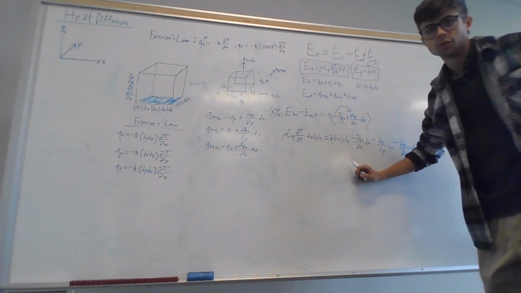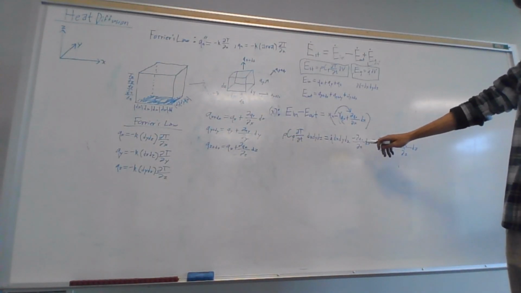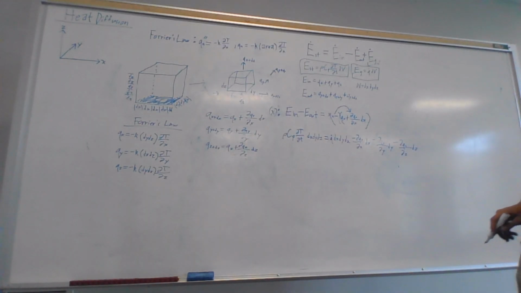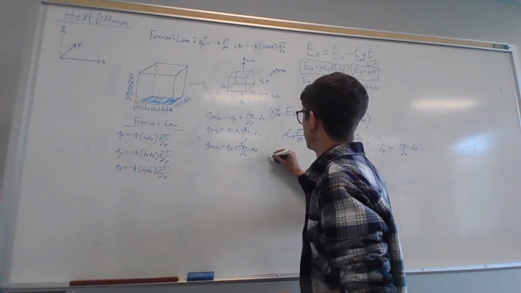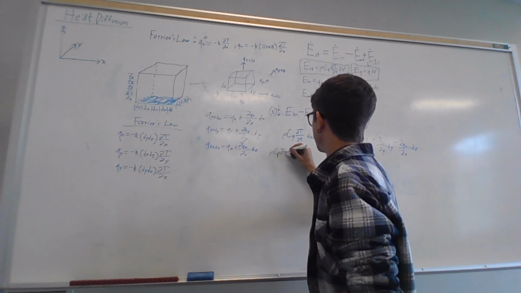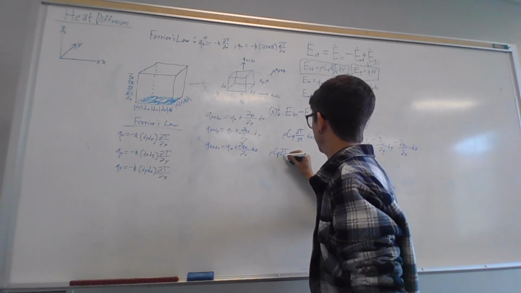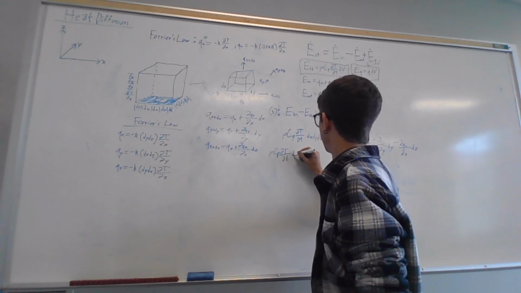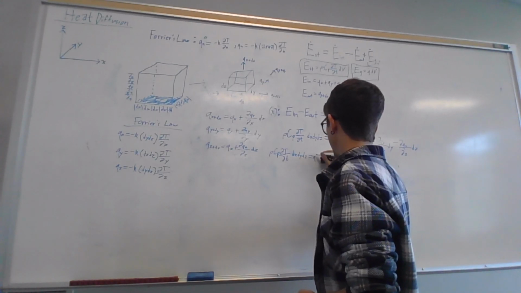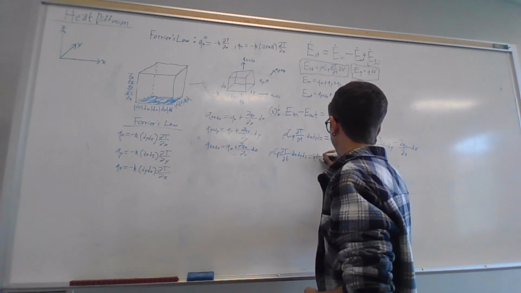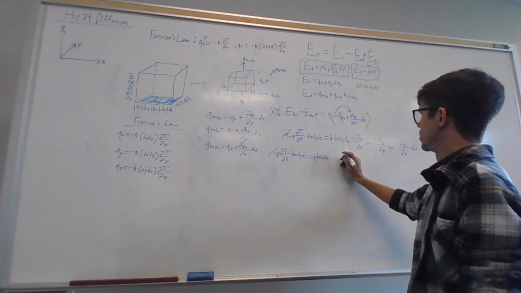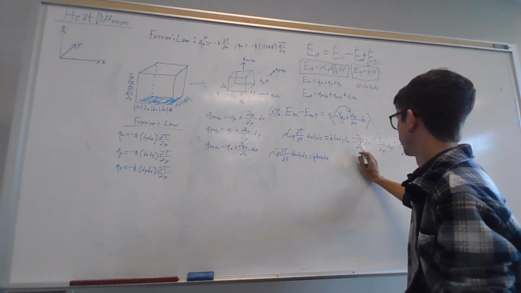So now going back to our big heat diffusion equation over here, we have a whole new way to write the heat flow in each direction. So let's do it. We have energy storage, rho cp, density times specific heat capacity, partial derivative of temperature with respect to time, dx dy dz, is equal to q dot dx dy dz times, now I have the negative derivative of the heat flow.